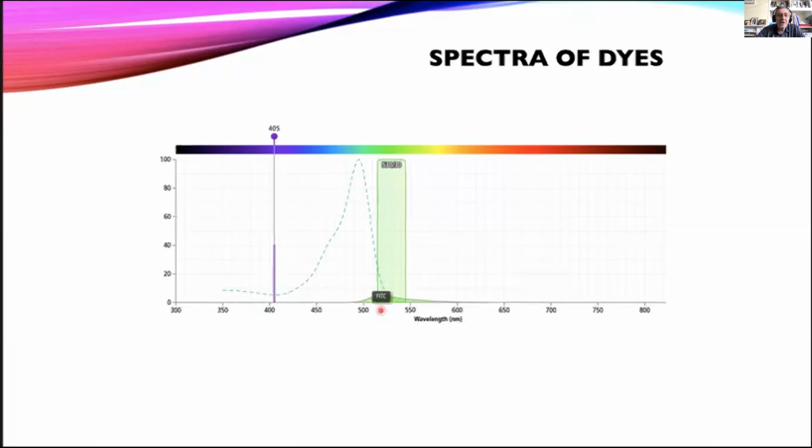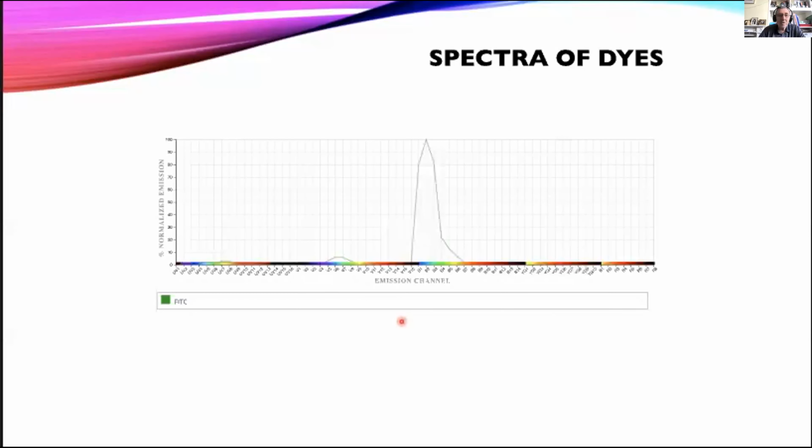And the emission of FITC is always going to be in the same region, no matter which wavelength of light excites it. So with full spectrum analysis, we actually take advantage of this. We know that our fluorochromes will be excited suboptimally by all the lasers that are not the optimal laser. So which is why we have these sort of ribbon plots.